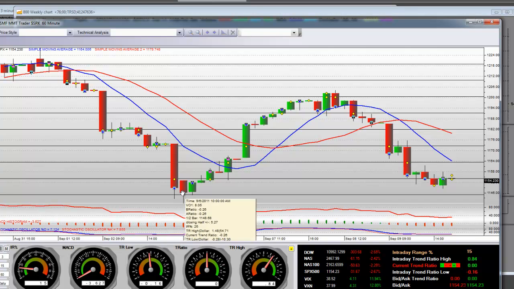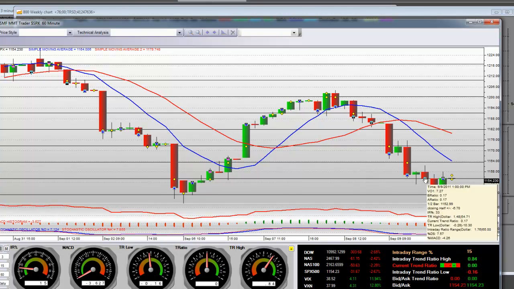But if I'm well above that and I'm holding 1146, and I'm holding these major bottom lows right here, 1148, and I consolidate and start to tick up, that means that we are building a price action weighted 60-minute half bar. That's the MMT price action bar now.